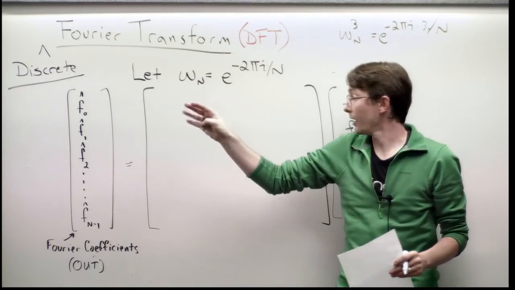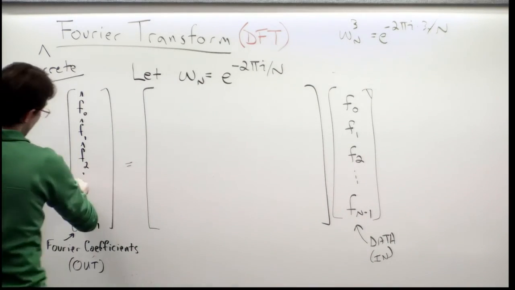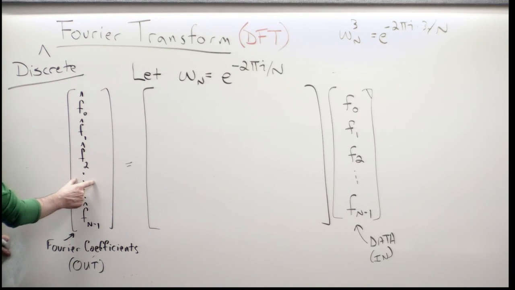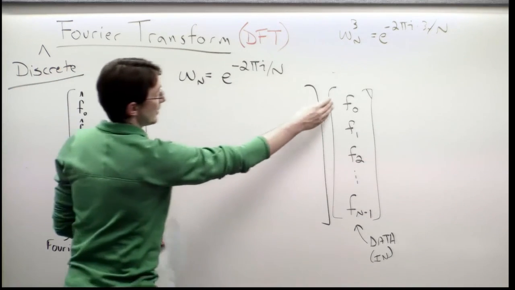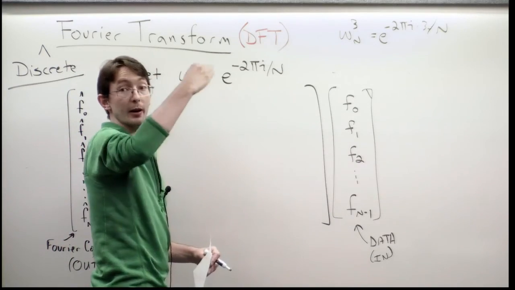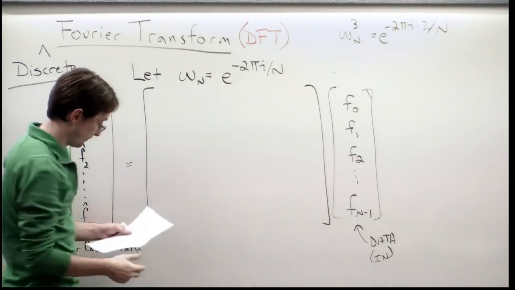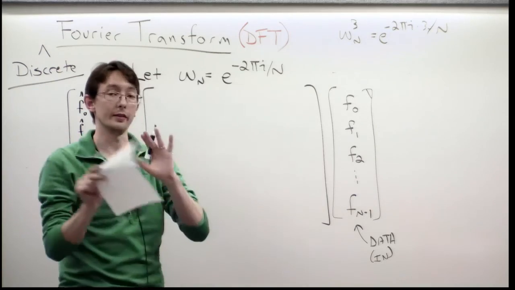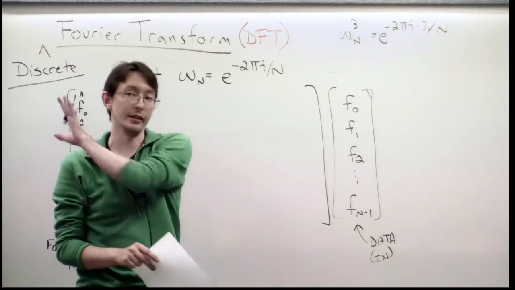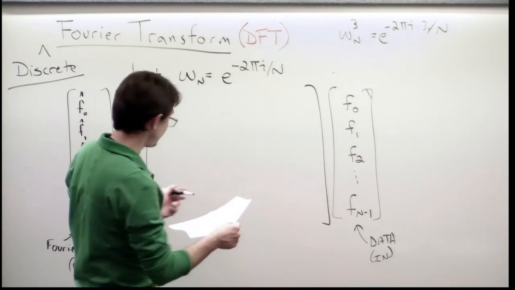So if I want the kth row, if I want the kth Fourier coefficient, then I'm going to add up my data times various higher powers of this fundamental frequency. And it looks like this. It's not too difficult to check that what I'm going to write down is exactly equal to the DFT summation.